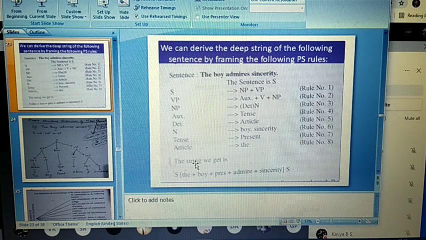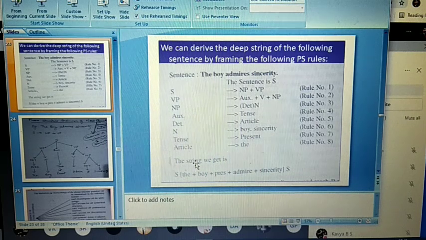The sentence is S. Remember, my dear students, you have a lot of rewrite rules in phrase structure grammar. You are analyzing a sentence with rewrite rules. Look at the slide. On the extreme right-hand side you can see rule number 1, 2, 3, 4, 5, 6, 7, 8.